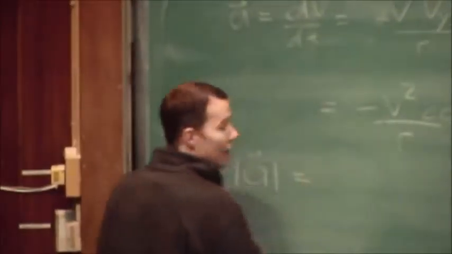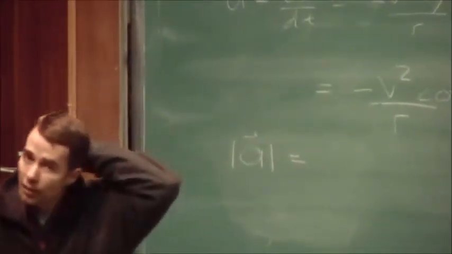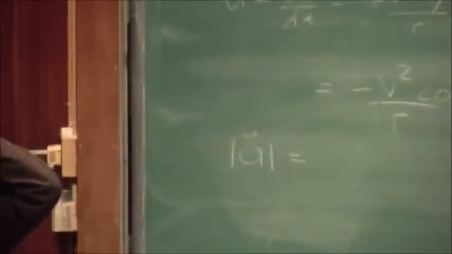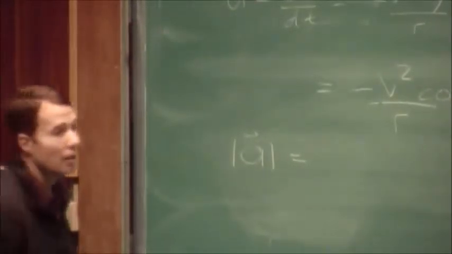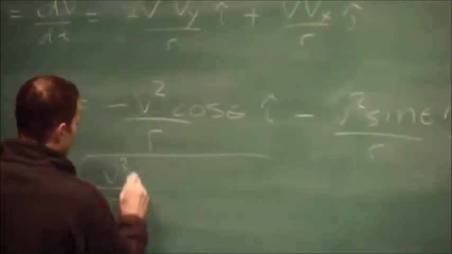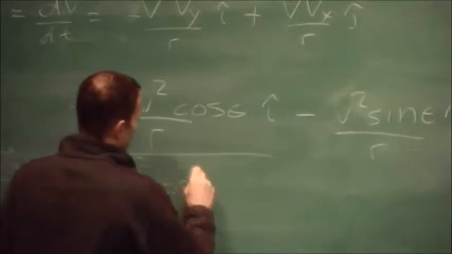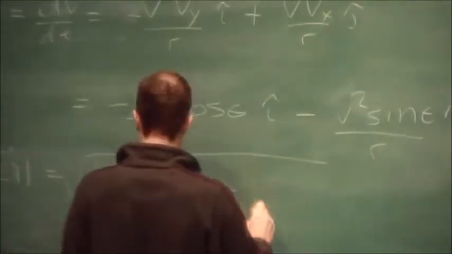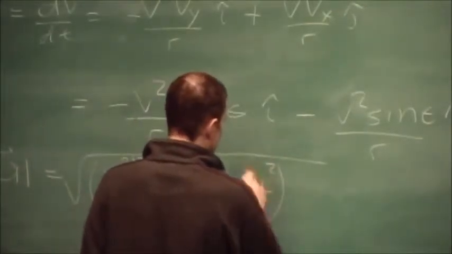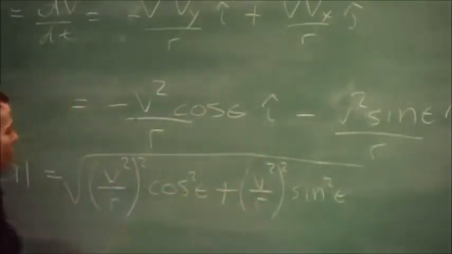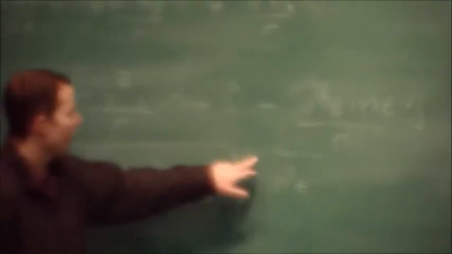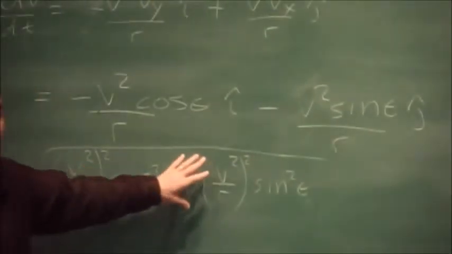Now, if I want to find the magnitude of A, how do I do that? Okay, good. So I have V squared over R squared in both of these terms, so I can factor that out.